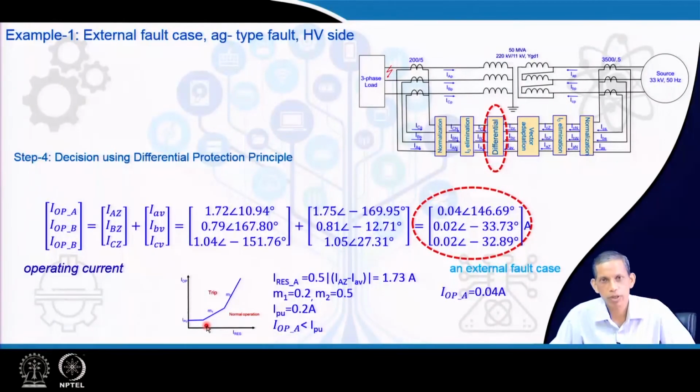This is the first check the relay does, and the operating current in phase A, which is the highest of the three, does not qualify this first test. Therefore, the relay confirms that this is not a trip decision; it is a restrained or normal situation for the transformer. So this confirms that it may be a fault, but it is external to the transformer and has nothing to do with the transformer.